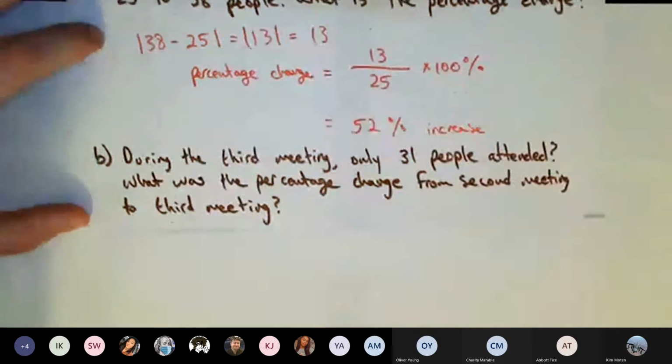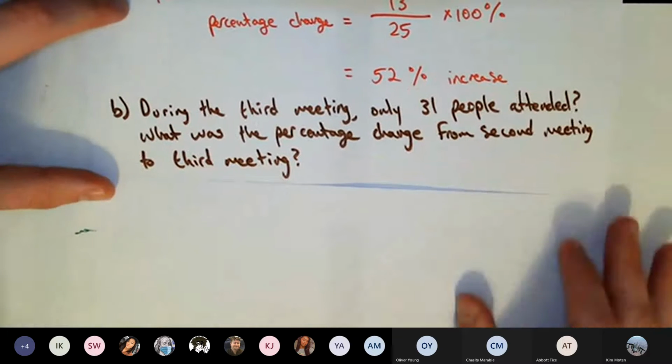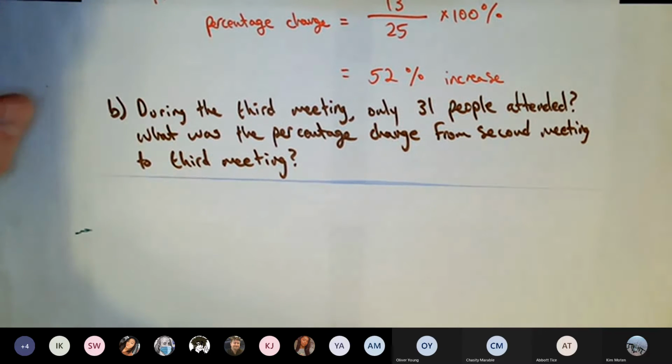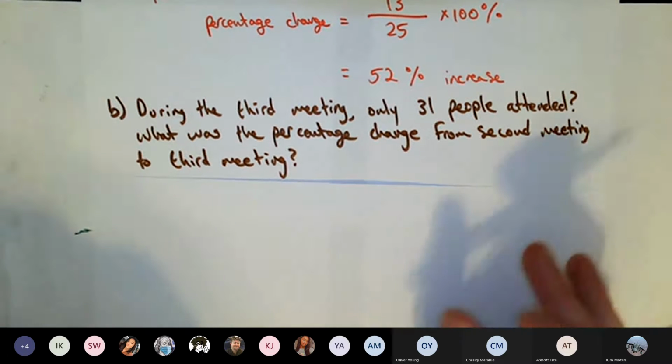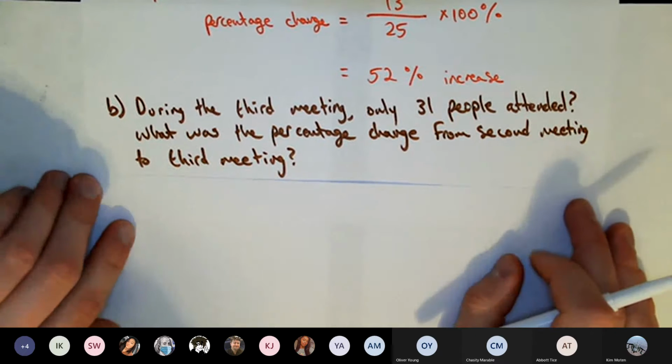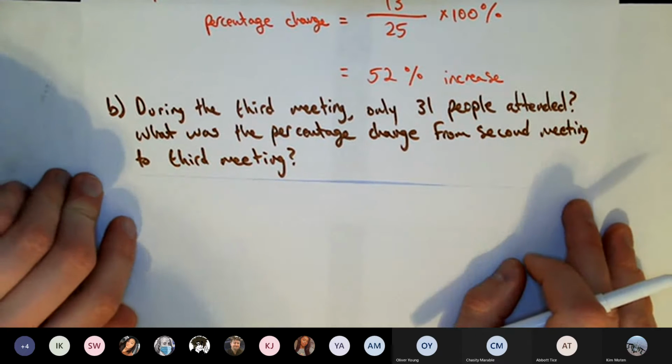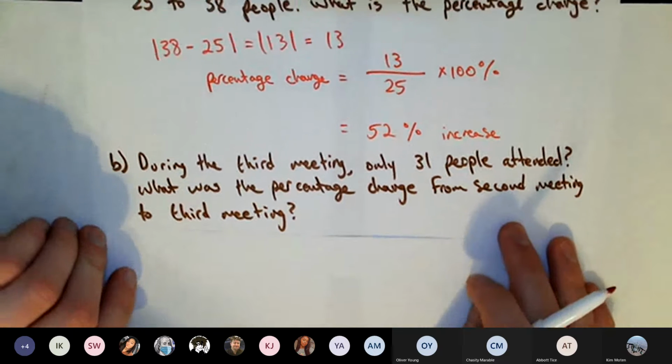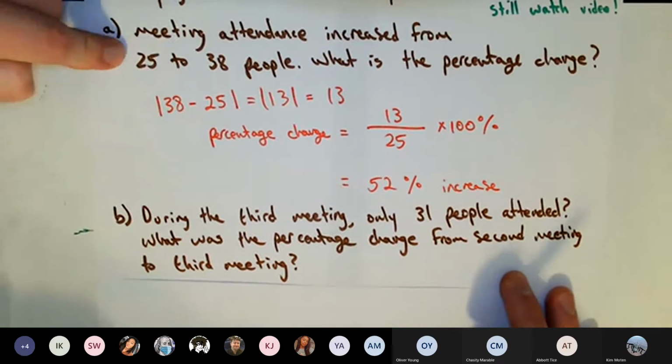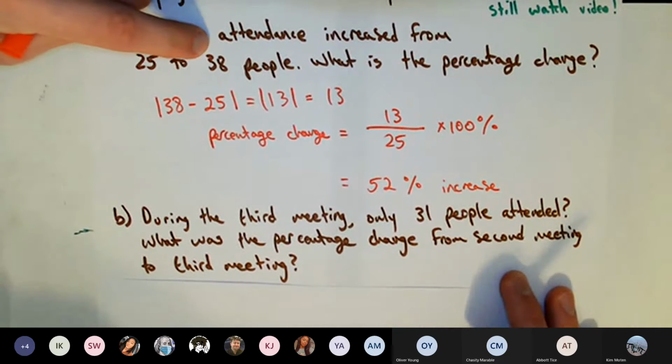All right, but now moving on to part B, it says we've got a third meeting now where only 31 people attended, and we want to measure the percentage change from second to third. It's important to note that we're not using the 25 anymore, because the 25 was from the first meeting, right? 25, this is first meeting to second meeting.